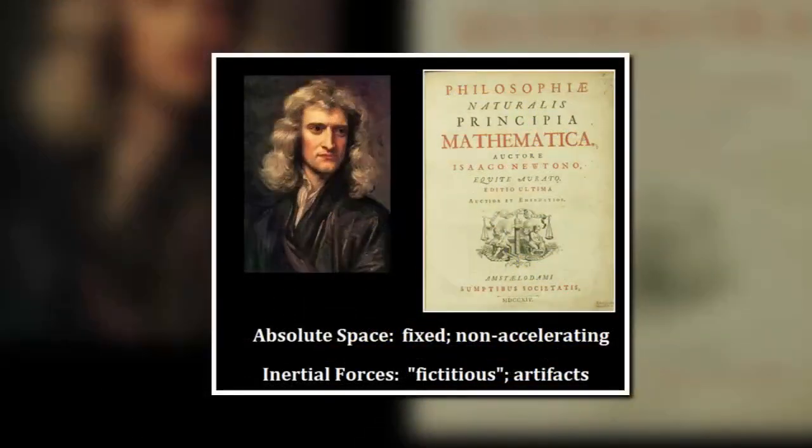To create this kind of environment, Newton had to have his absolute space that did not move. That is, it did not accelerate. But to compensate for this assumption, Newton had to add in centrifugal and Coriolis effects to account for movements not predicted by his equations. Since in Newton's system these movements had no physical cause, they were called fictitious forces.